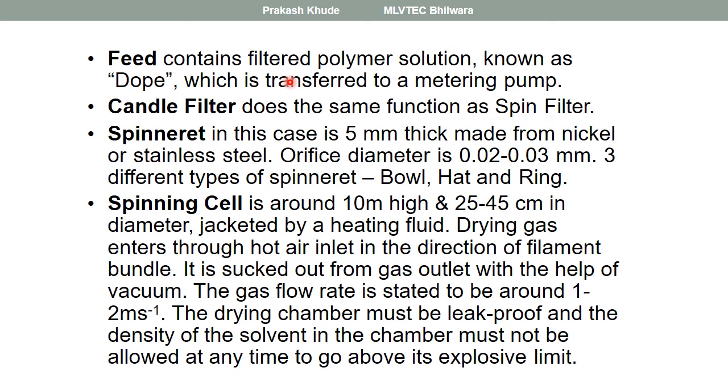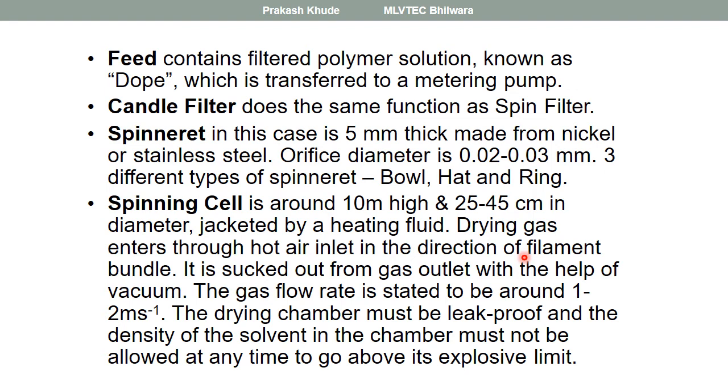The spinning cell is generally around 10 meters in height and 25 to 45 centimeters in diameter. It is generally jacketed with heating fluid. Drying gas enters through the hot air inlet in the direction of the filament and is used for the solidification of your filament.